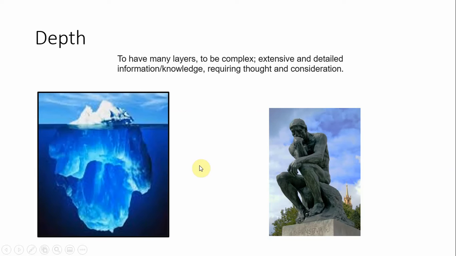And the second word that I want you to understand is depth. That is to have many layers, to be complex, to be extensive and detailed information and knowledge, and requiring thought and consideration. So the iceberg, you can see a tiny portion at the top here, but the deeper we go, the more we find. And this is a useful visual metaphor for the way we can approach poetry as well. The deeper we look, the harder we think, the more we can get out of a poem, out of a line from a poem.